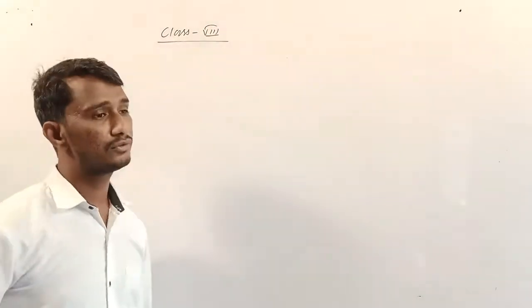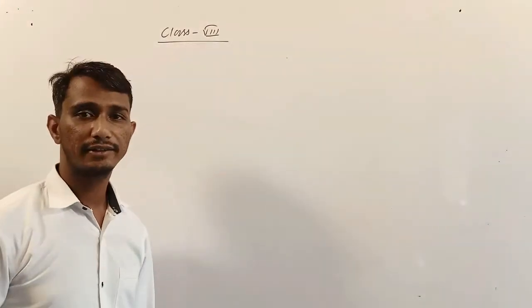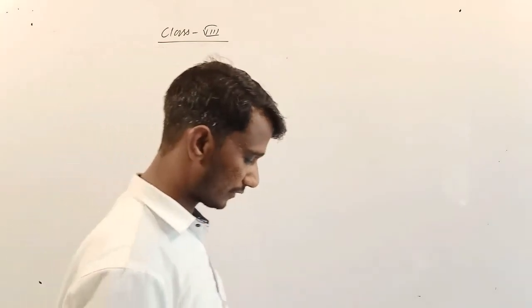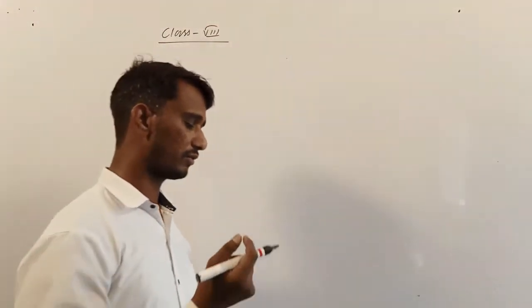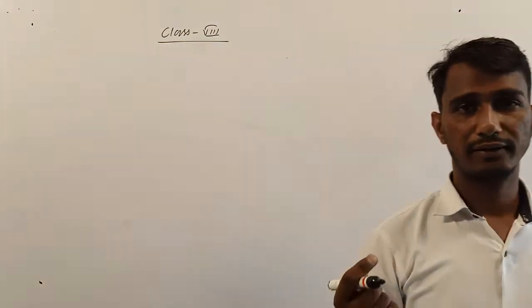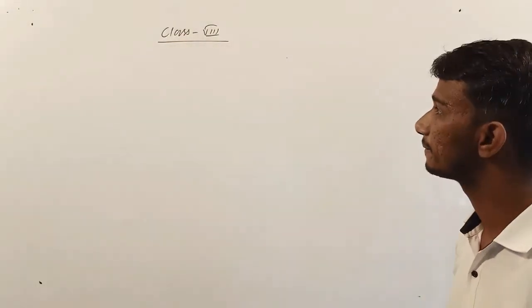In earlier videos for class 8, we have studied the properties of rational numbers, whole numbers, and integers. Yesterday we discussed the closure property, commutative, associative, role of 0, role of 1, additive inverse and multiplicative inverse.